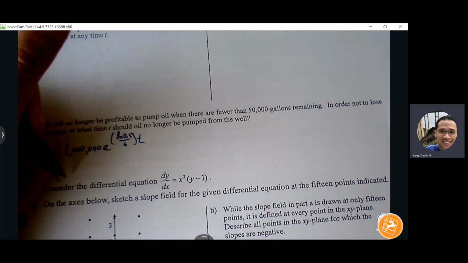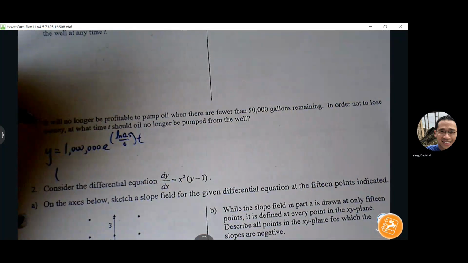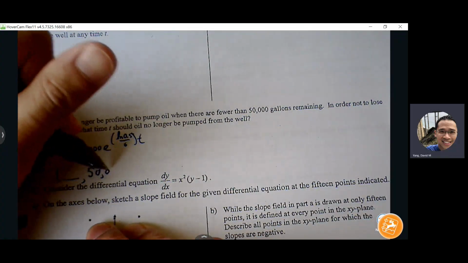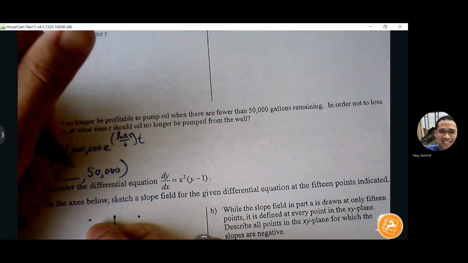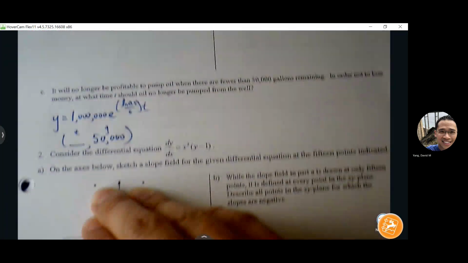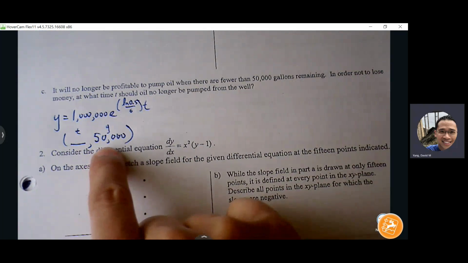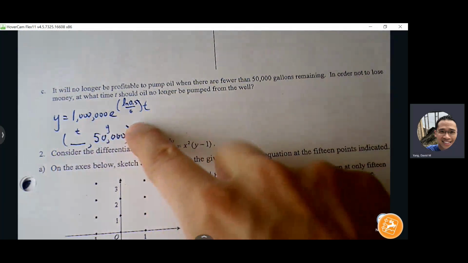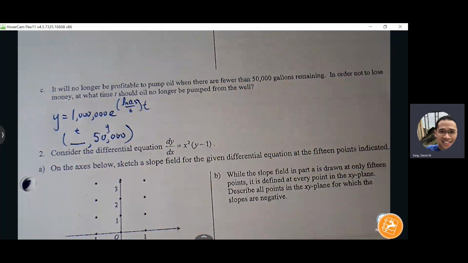Third ordered pair is we want to find out at what time will 50,000 remain. So I can plug 50,000 in for y, solve for t, and use this specific equation to help me make further predictions.